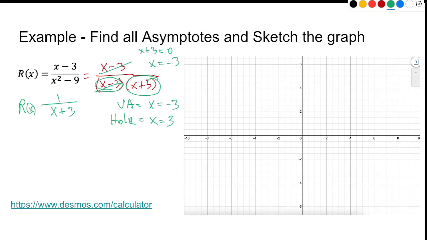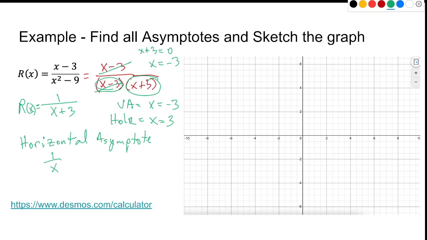The next thing to consider is where is the horizontal, or is there a horizontal asymptote? And that's going to be by looking at the numerator over the denominator. We can look at this reduced fraction here. So it's going to behave like 1 over x.